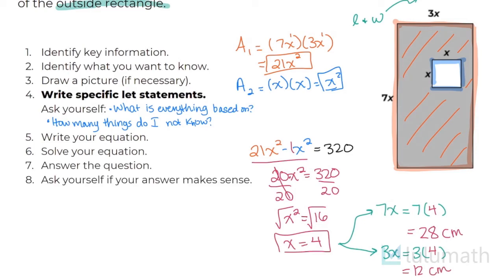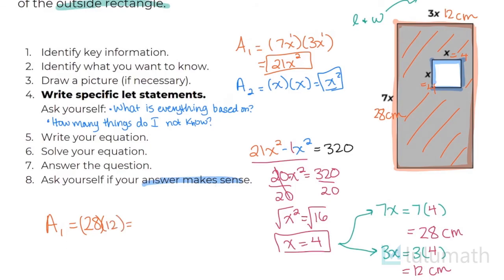Now let's see, does this answer make sense? I want to know if this answer is a correct answer. So it does make sense to have a dimension of 28 here, and a dimension of 12 here. And we know that this has a dimension of 4 because x is just equal to 4. So the area of the outside rectangle would be 28 times 12.